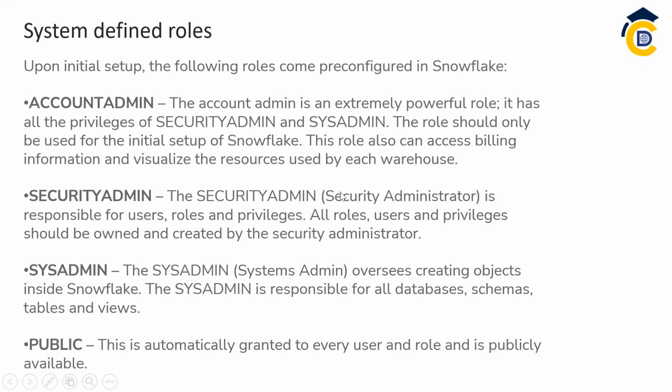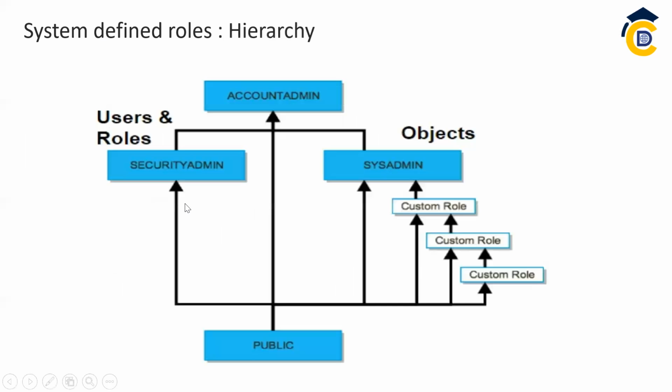Security admin is basically for creating roles, users, and privileges. Then sysadmin is for creating database objects, schemas, tables, and views. And public is a default role given to any newly created user and role. Apart from that, it has not got any privileges unless you decide to give it. And this is the hierarchy we just saw.